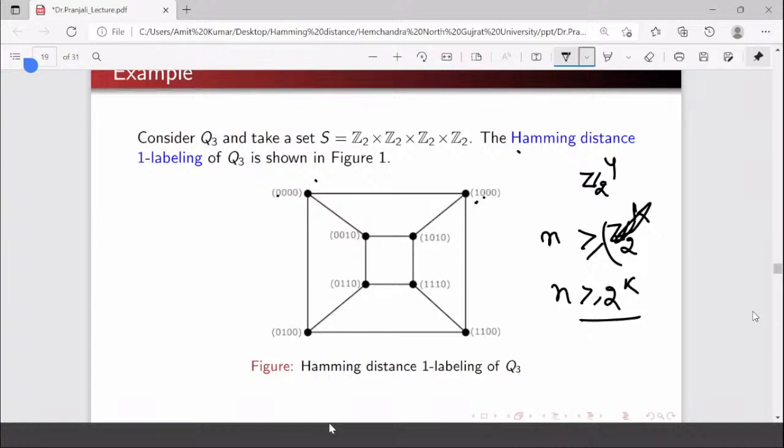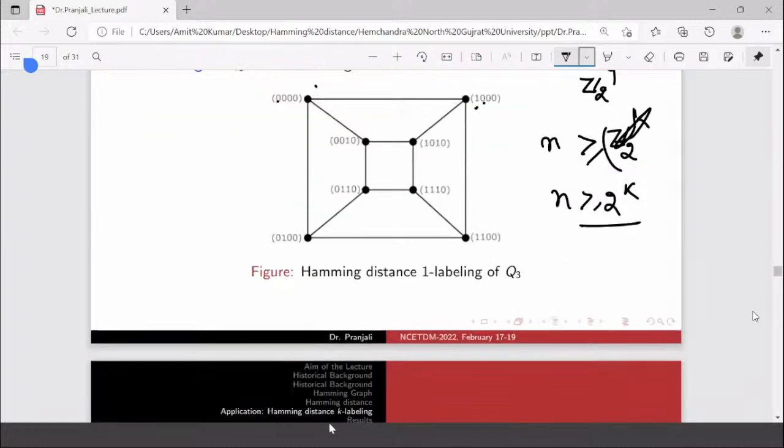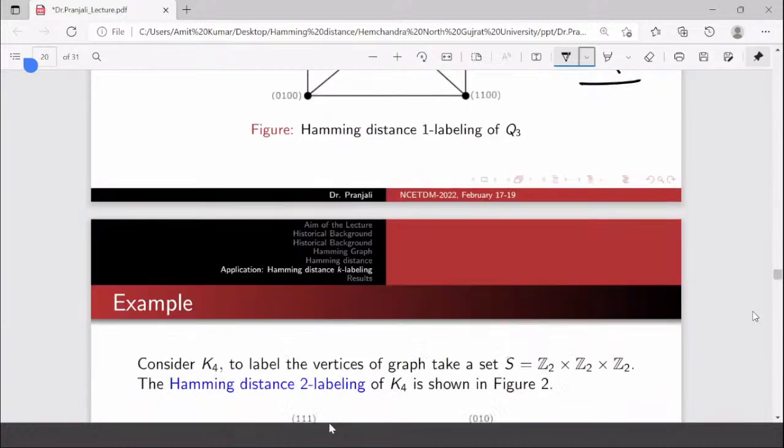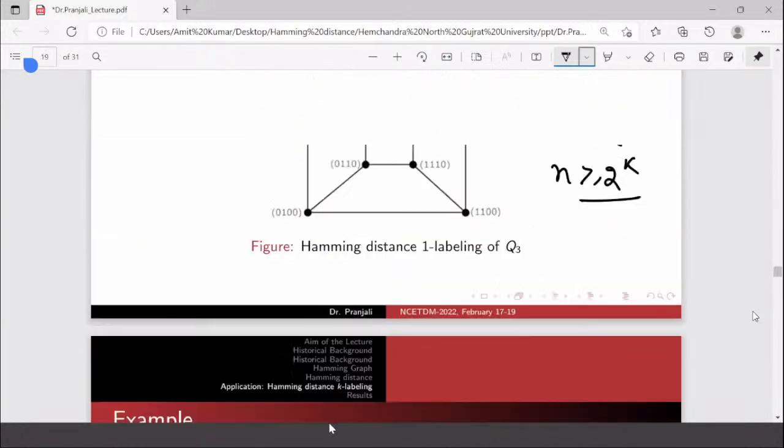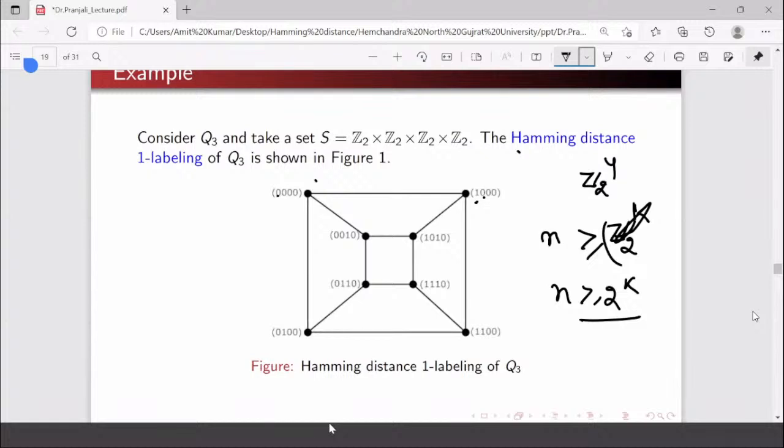So in that way, we can label the vertices. Non-adjacent pairs can have distance 1 or it is not necessary, but whenever there is adjacency, the Hamming distance has to be 1 only. So this was the example of Hamming distance 1 labeling of hypercube Q3. It has 8 vertices and I have taken a set with 16 elements.